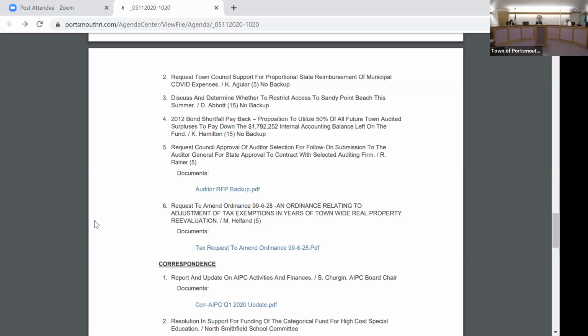Well, we understand, and that's something that I think was alluded to earlier, that there are other beaches in town that will probably see additional usage that normally you wouldn't see.